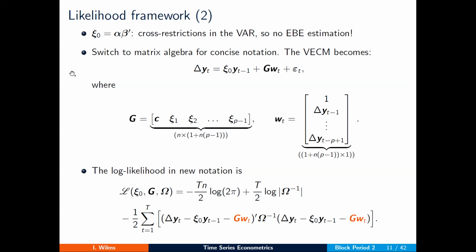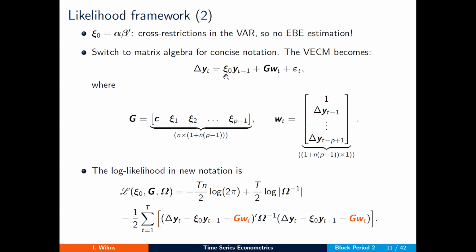Now, what should we then do instead? Well, let's look at the maximum likelihood derivations in more detail. And to simplify notation, I will switch to matrix notation, where we can compactly write down the week7 like this. Again, we regress the series in differences on the lag of the series in levels.